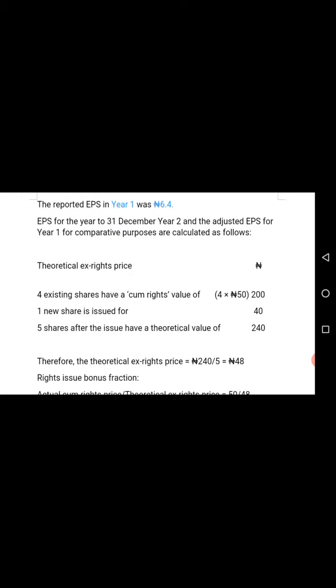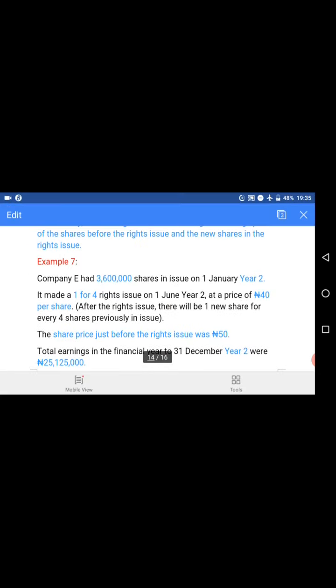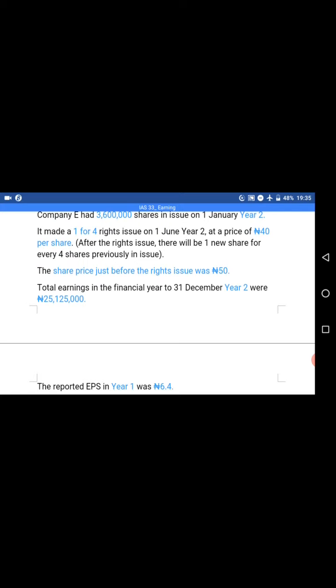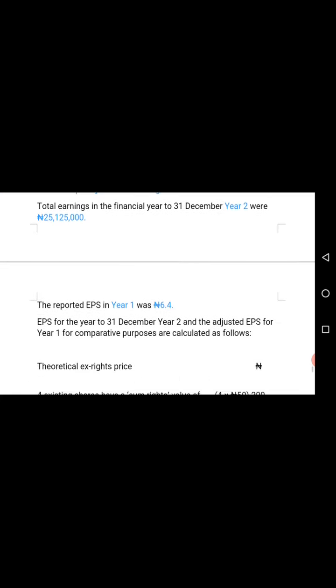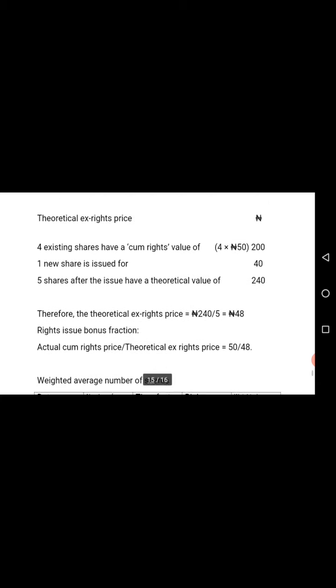Now the 4 existing shares have come right back, before the issuing of the new shares. Each share costs 50 naira, as in the question here. Share price just before the rights issue is 50 naira, that is the cum-rights price.